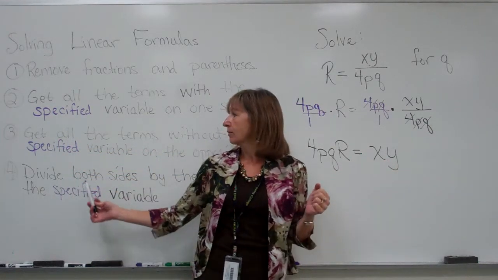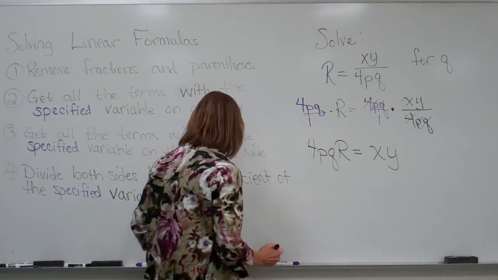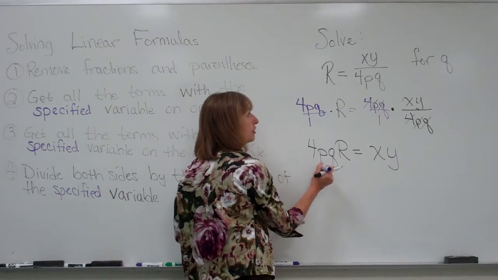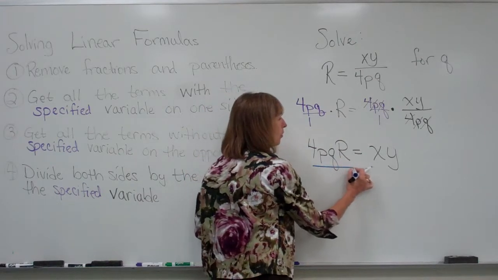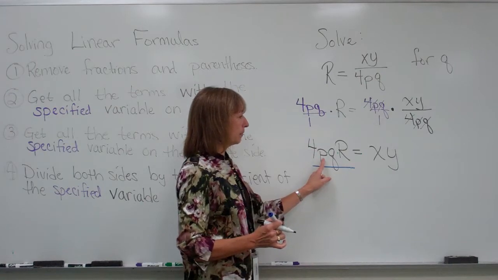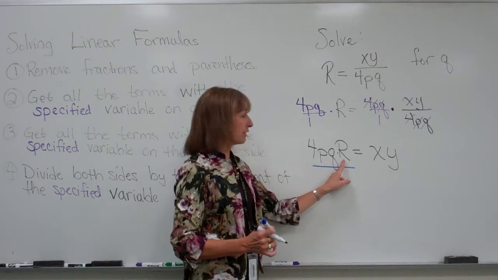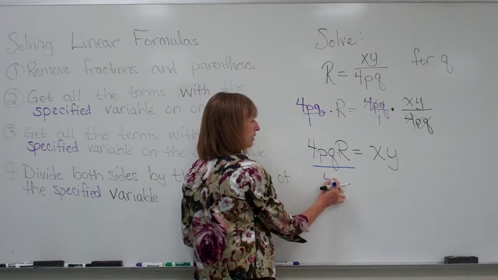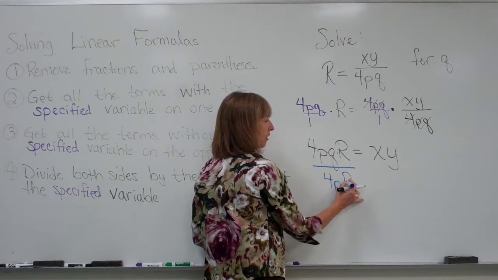So we're all the way down to step 4, which says to divide both sides by the coefficient of your specified variable. Well, what's multiplied to my q is 4pr. So I want to divide both sides by 4pr.